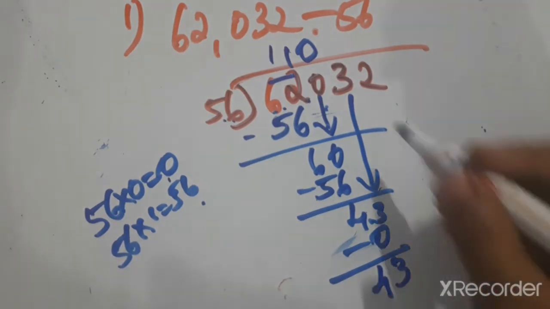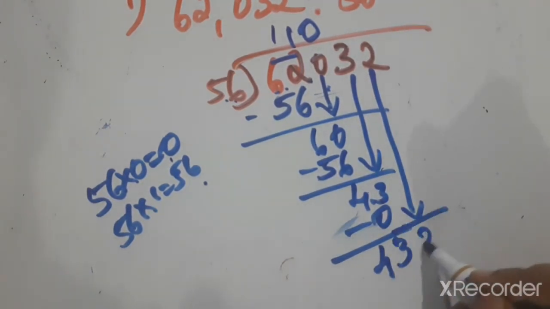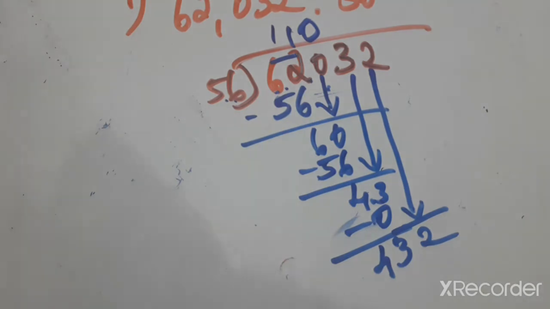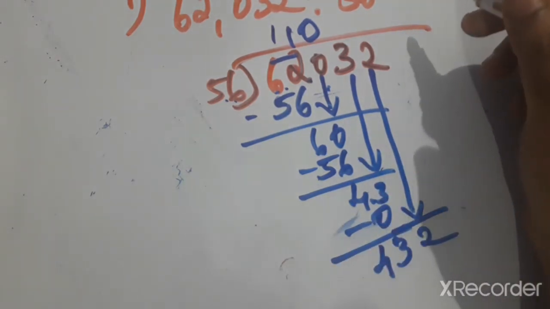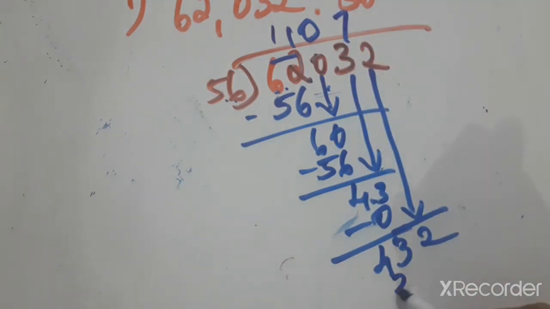Now bring the next number. Each case is only one digit, not more than one. Now 432. 56 times how much is 432? 56 sevens is the nearer one. 56 sevens are 392.